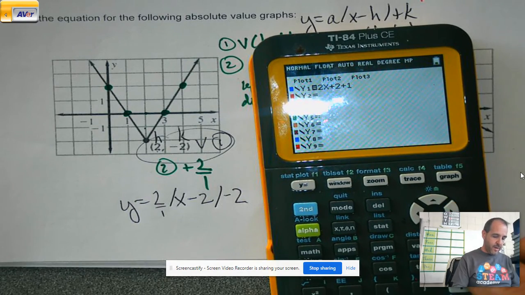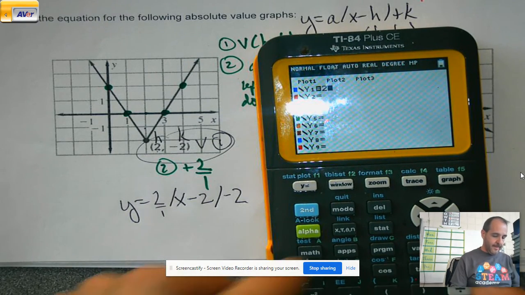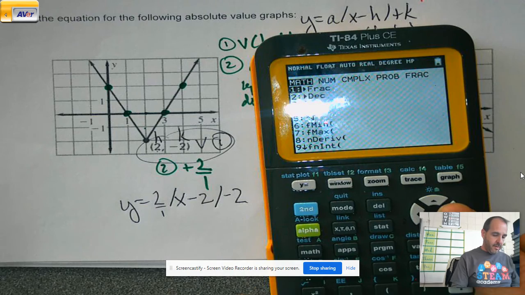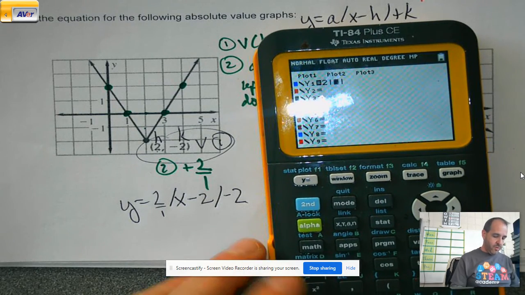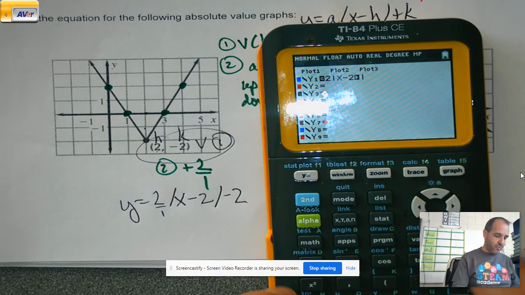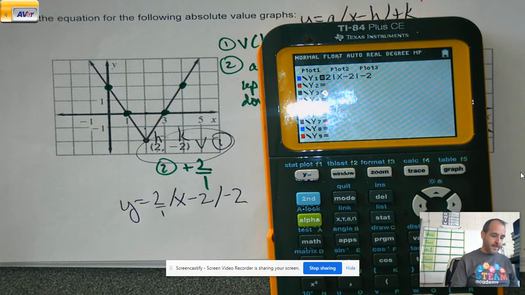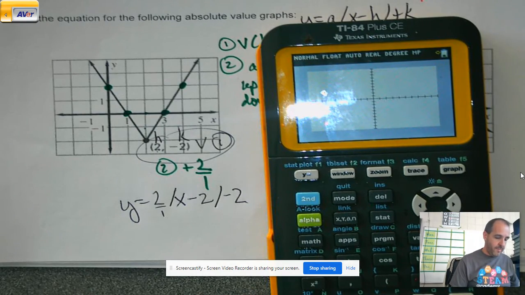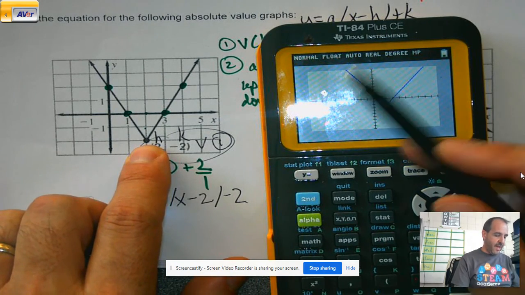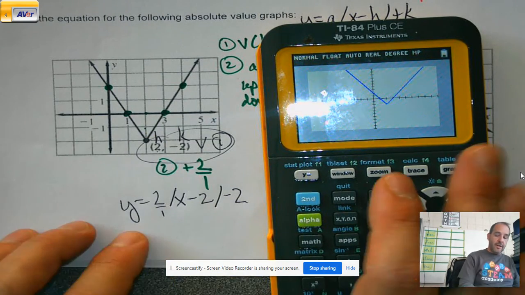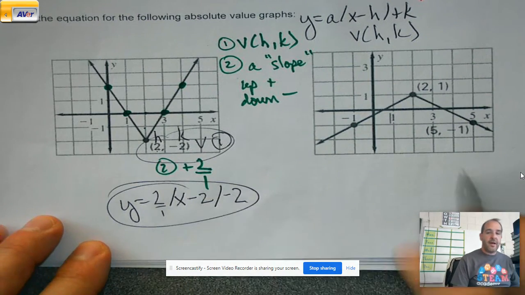Oops, got to start over. Okay, y equals 2 absolute value x minus 2 minus 2. Let's see if my graph looks like that one. Vertex is down to the left. They open up. Looking good. I feel good. My equation is right.